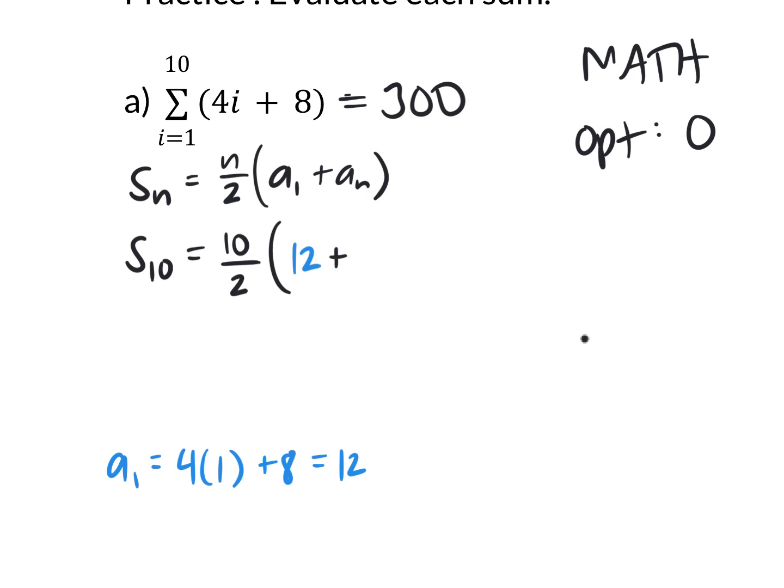And now what is my a sub n, or my a sub 10, going to be? What do I have to do for that? Plug it in as well. So I'd have 4 times 10 plus 8 would give me 48.